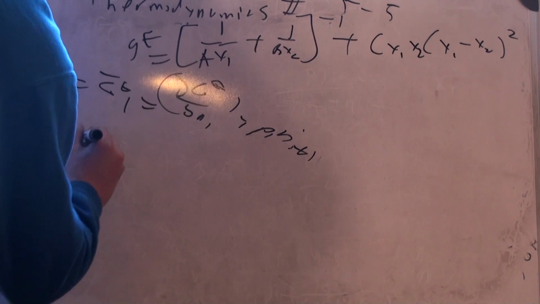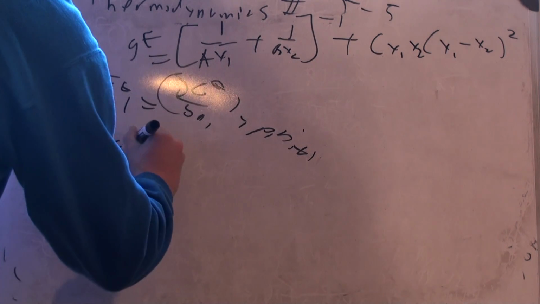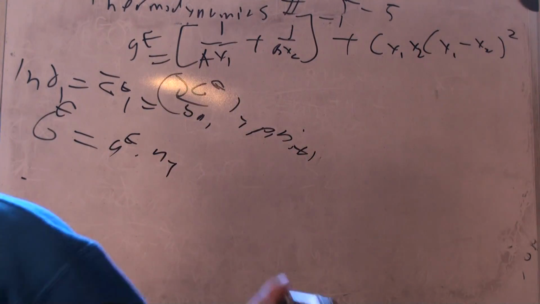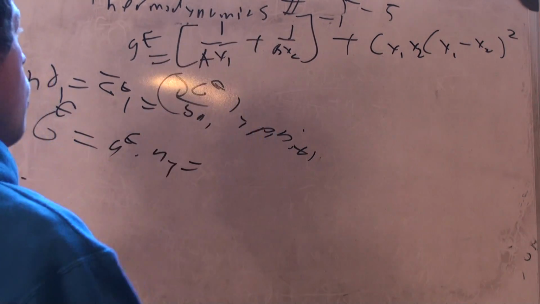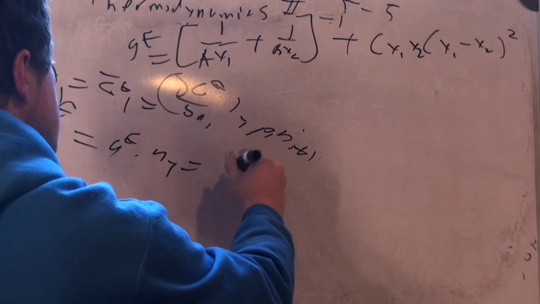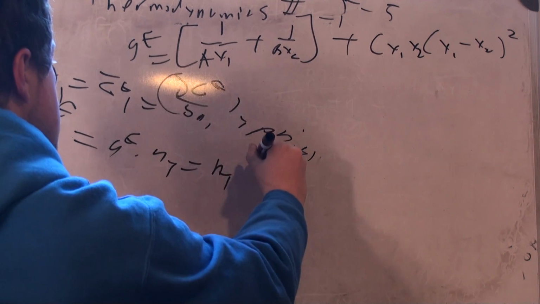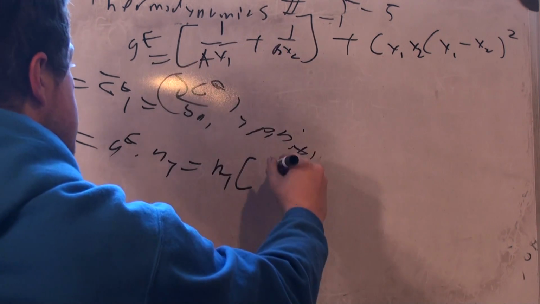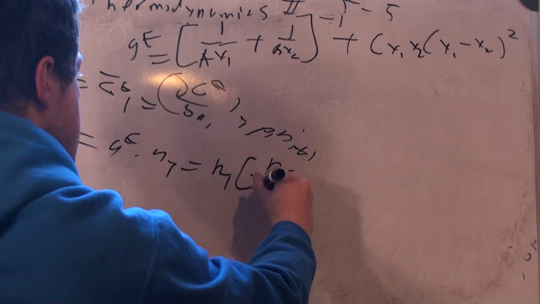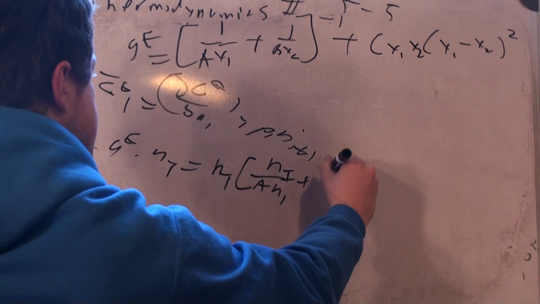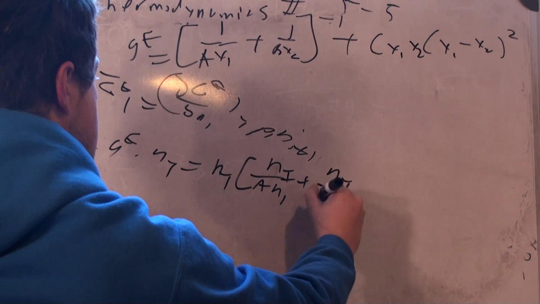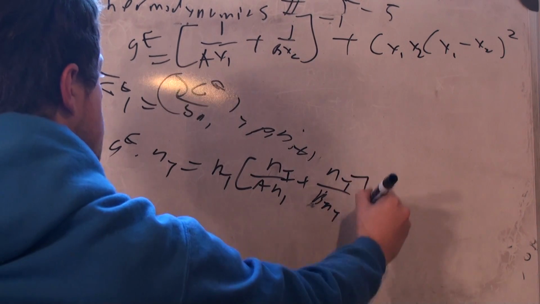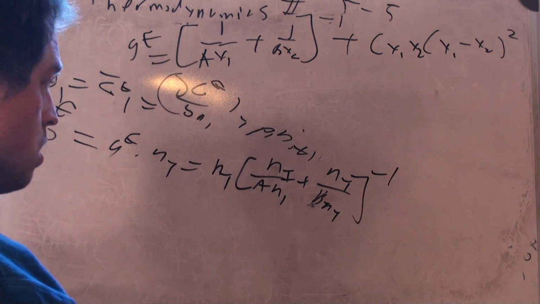Then I need to get capital G^E, which is G^E times total moles. So I've got N total over A N1 plus N total over B N2, but this is all to the minus 1.